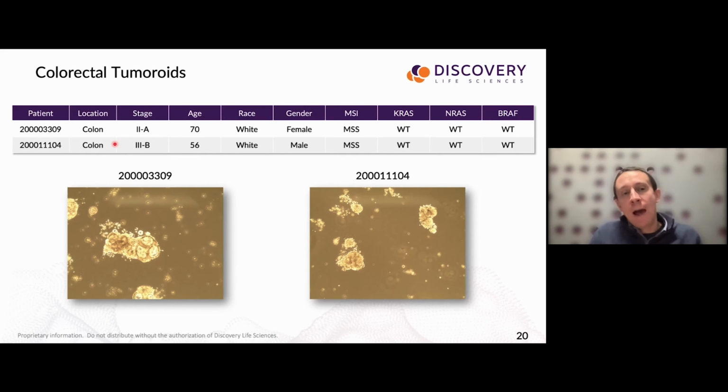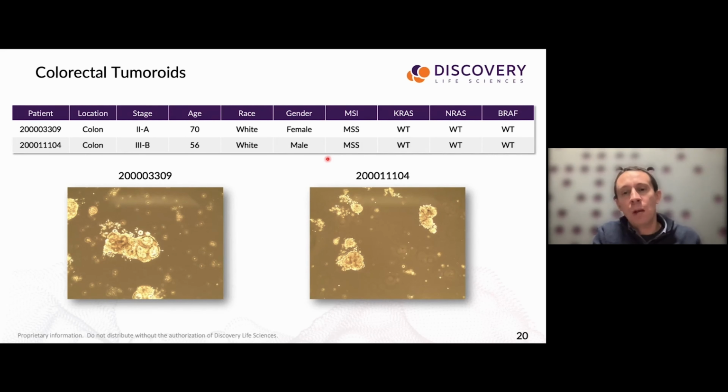The advantage that we have, and that Phil described quite well, is that because we have EMR access and we get all the pathology reports, we know the location that this tissue originally came from, what stage it was in, as well as all of the patient demographics, their age, their race, their gender. We also have tobacco and alcohol history, as well as other different metrics that we can pull on.